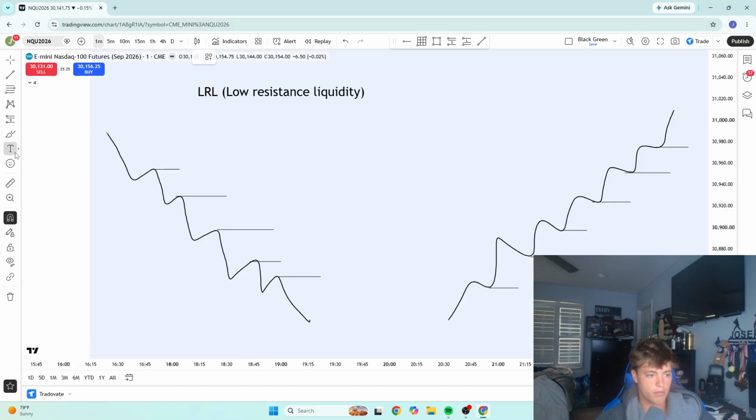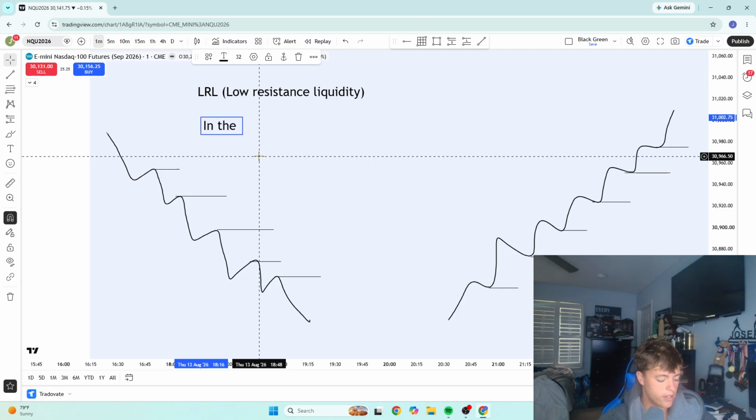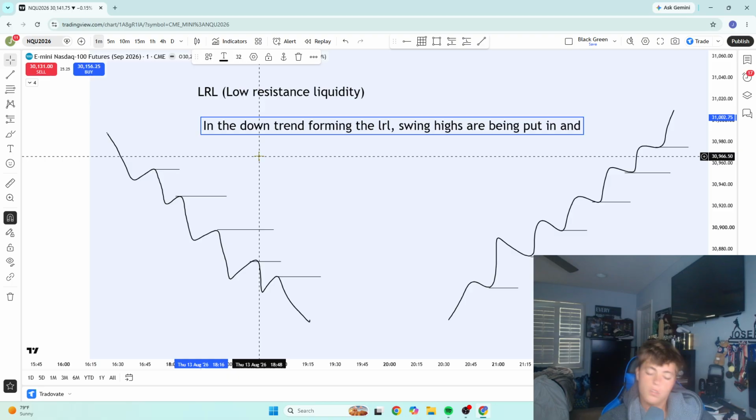I'll write some things so you can write these as notes. In the downtrend forming LRL, swing highs are being put in and not being broken.